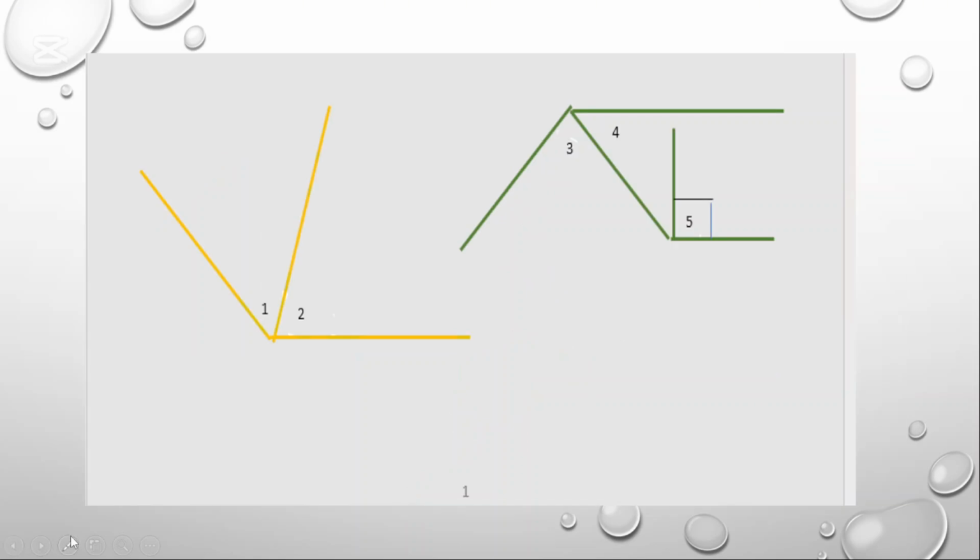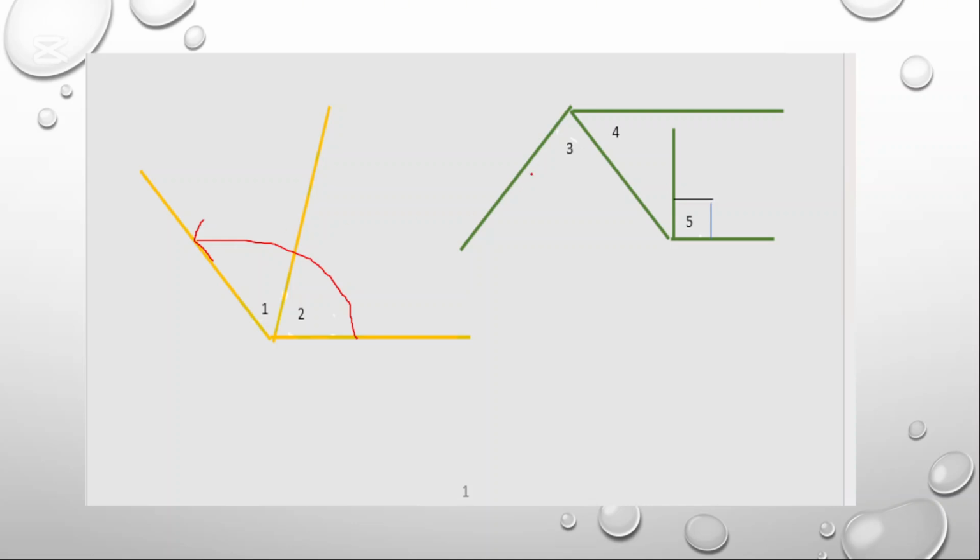Lastly, right, let us look at this one here. Angle 1, and I can see immediately it's an acute angle. Number 2, yes, it's also an acute angle. And if I take the two together from this line to that line there, can you see there? Then it's more than 90. So this one will be an obtuse angle. Look at this one here, 3.